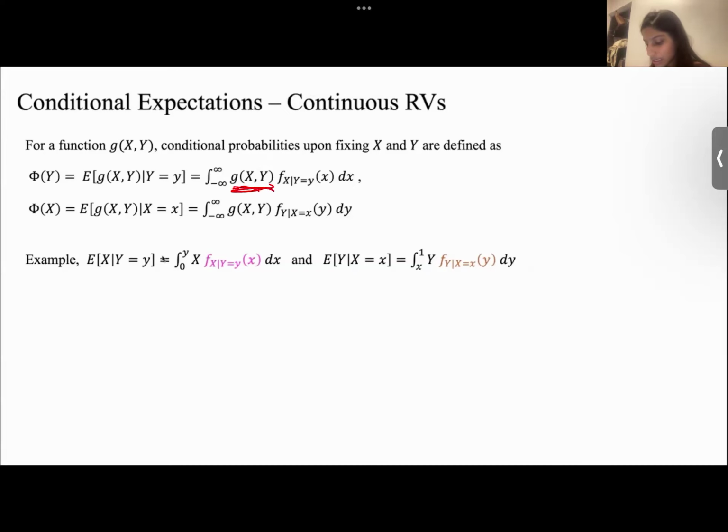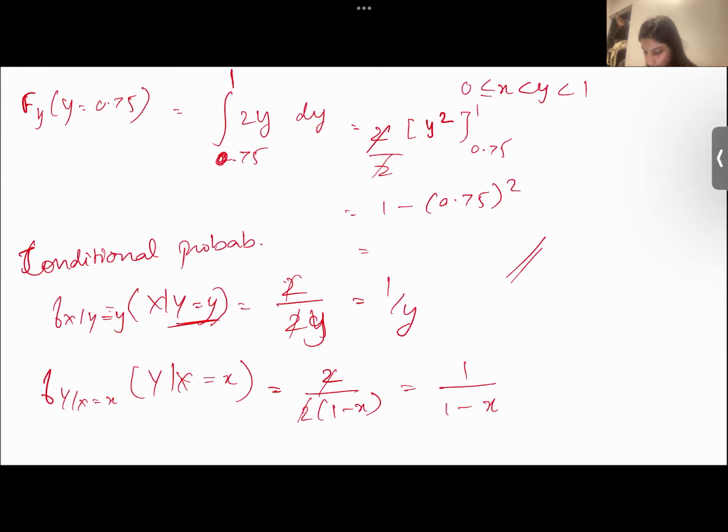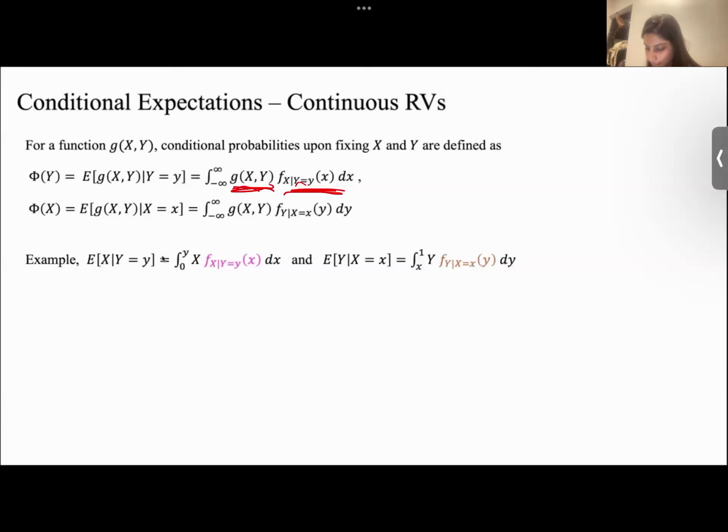So that's what this g of x comma y means. And so this is your CDF, the conditional probability function of it. And let's see an example.